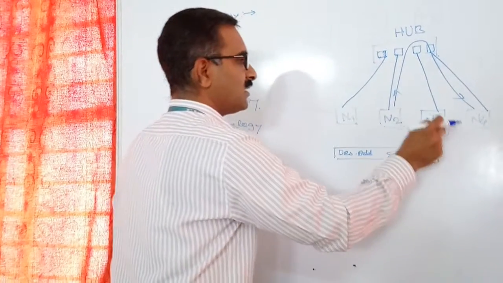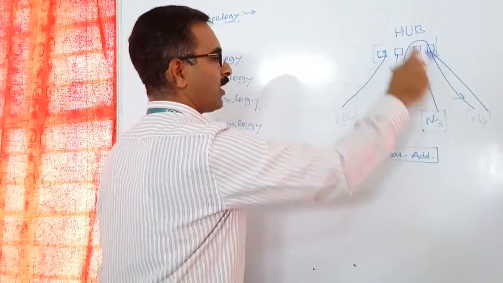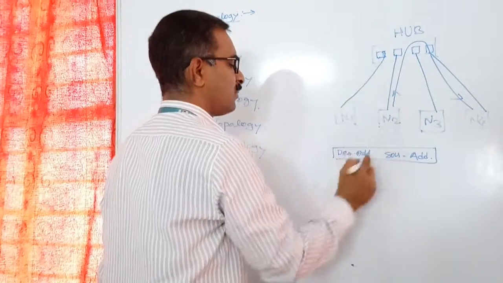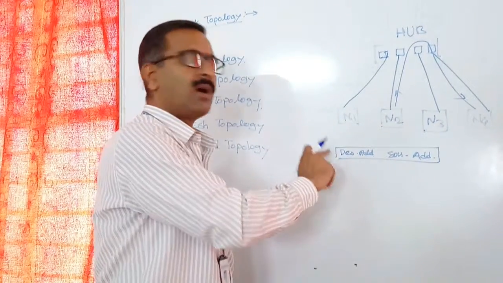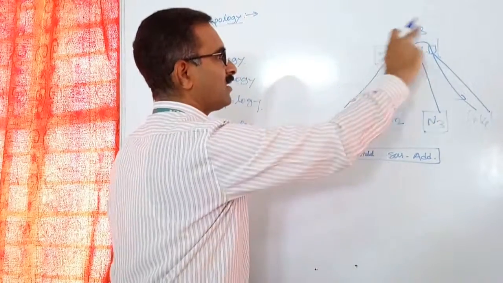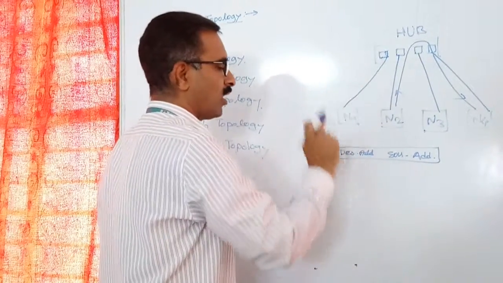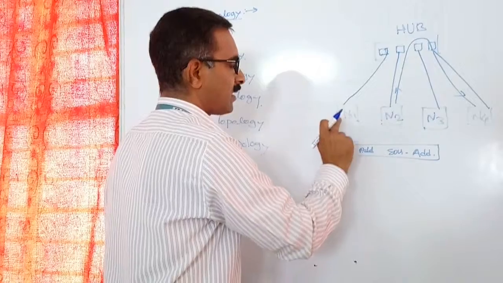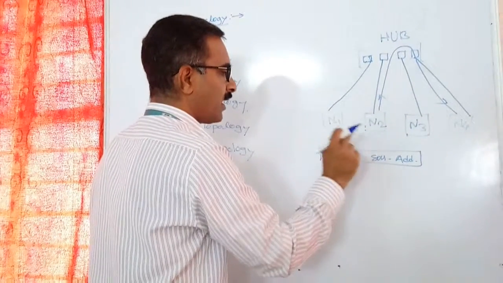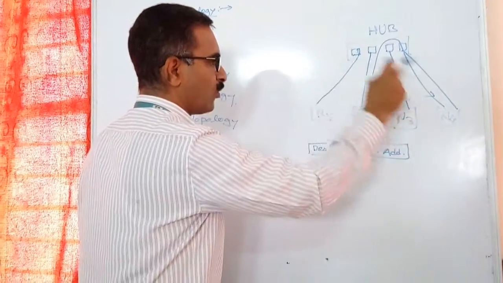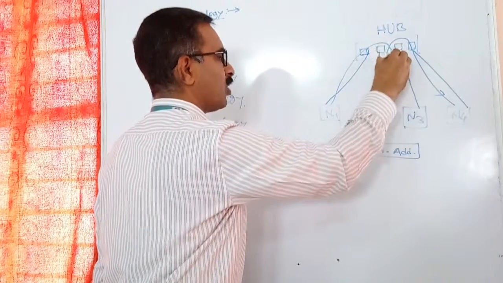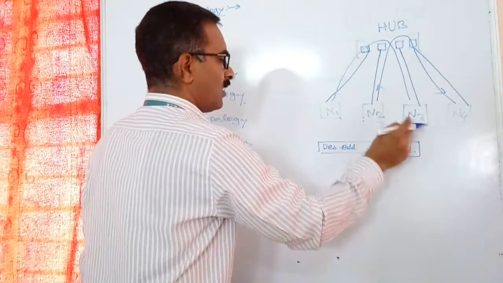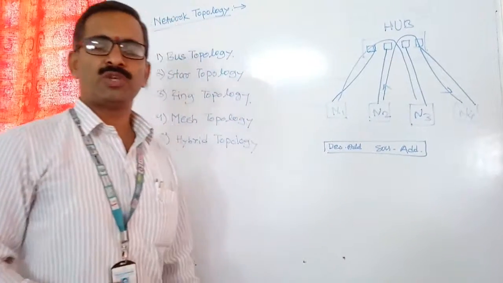Suppose N1 wants to communicate with N3, then the same consideration applies. A packet is generated and shared with the hub, the central controller, and the hub gets the idea that N1 wants to communicate with N3. So it sends that information to N3 that N1 wants to communicate with you.